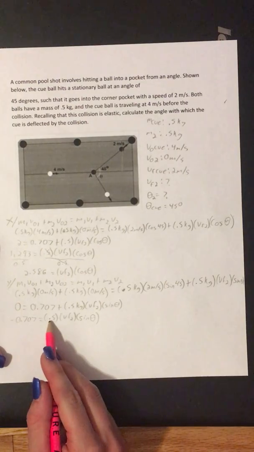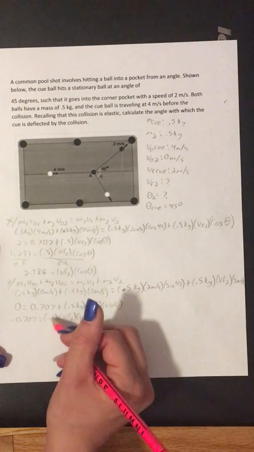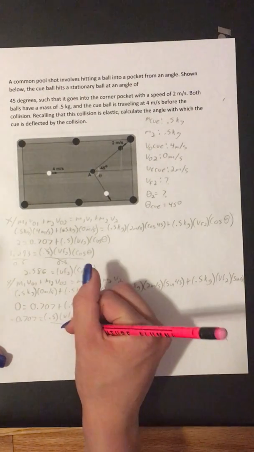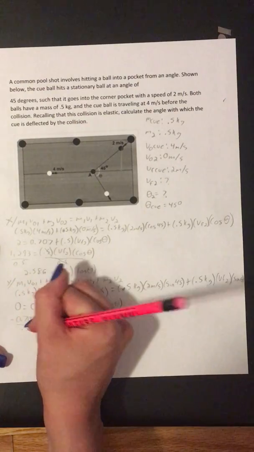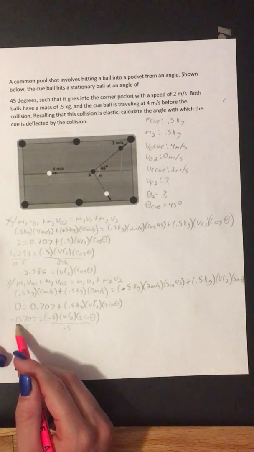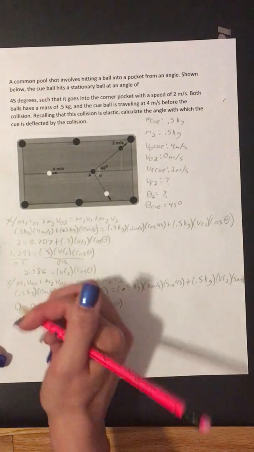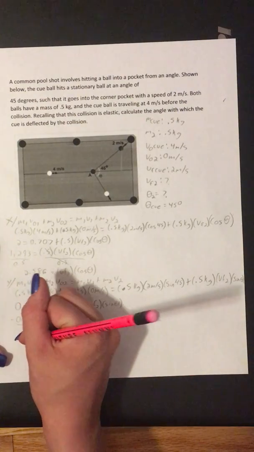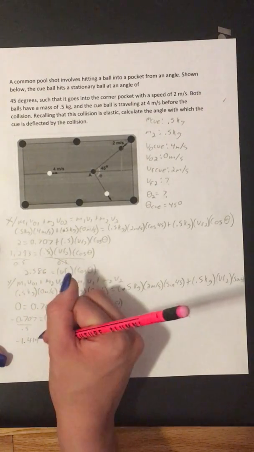Now we can take out the 0.5. We can take it out of this side, and then we can take it out of this side. Now, minus 0.707 divided by 0.5 is equal to minus 1.414.